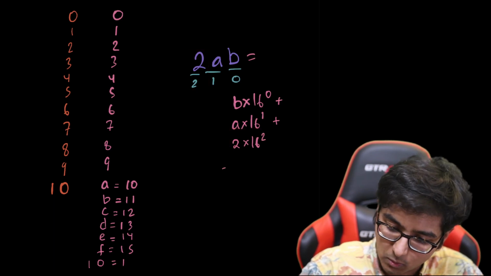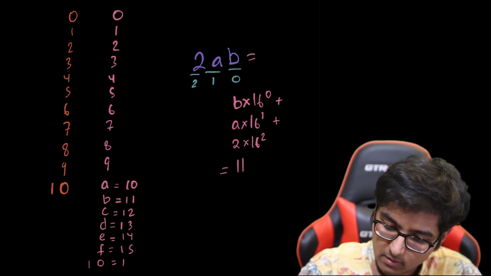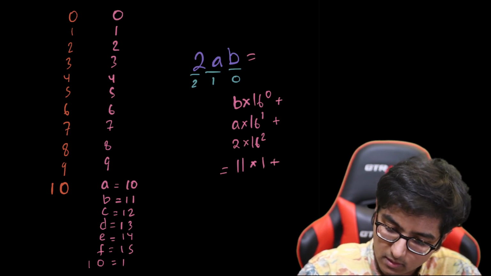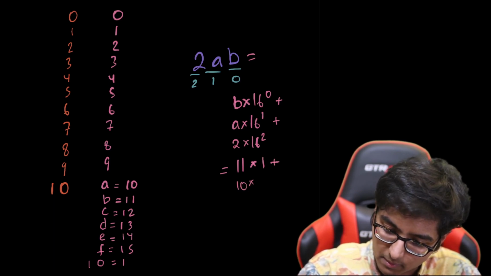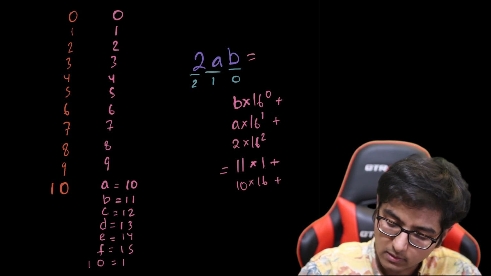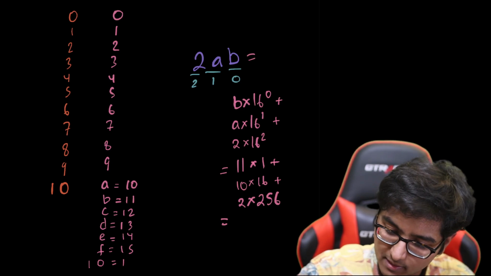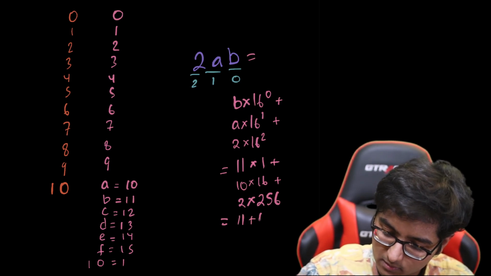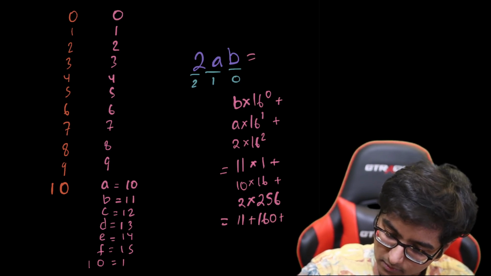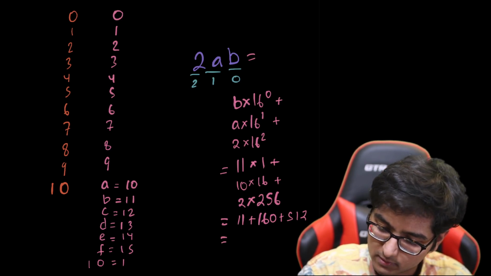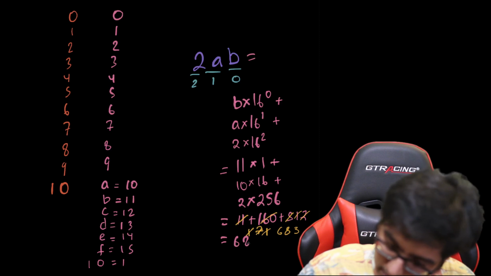So this is equal to, B remember is 11, multiplied by 1, plus A, which is 10, multiplied by 16, plus 2 multiplied by 256. And if we simplify that, that's 11 plus 160 plus 512. And going further, this ends up being 683.